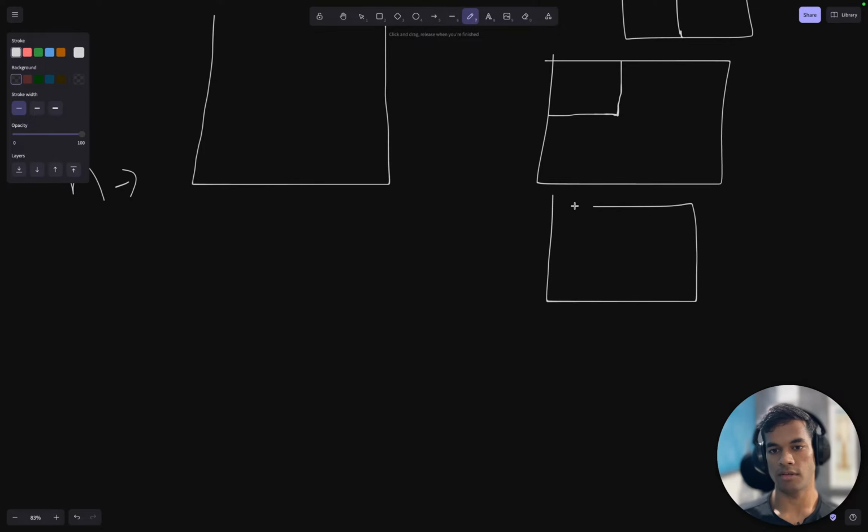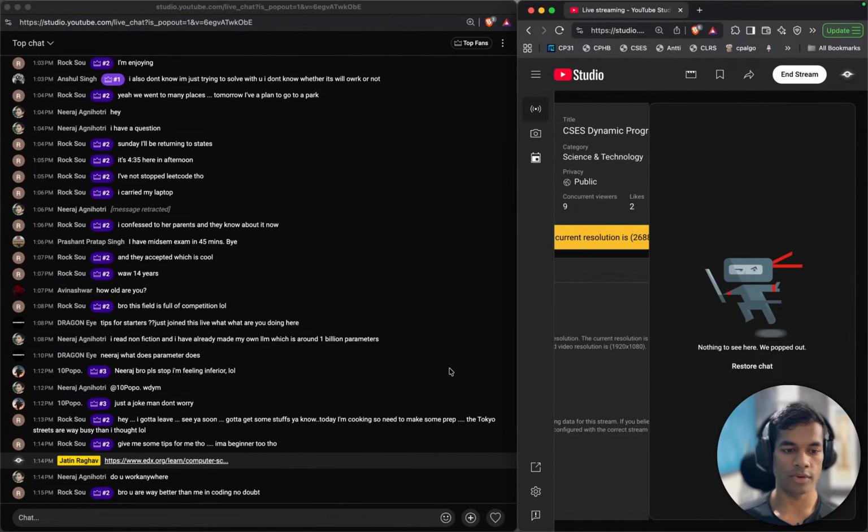Something like this, like this. This line has a friend, either horizontal where we have two choices, or vertical where we have only one choice, only one friend.